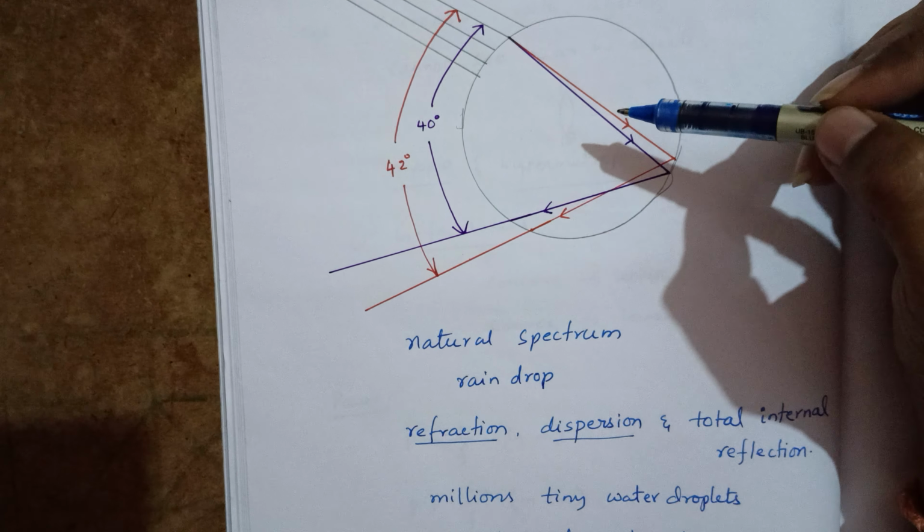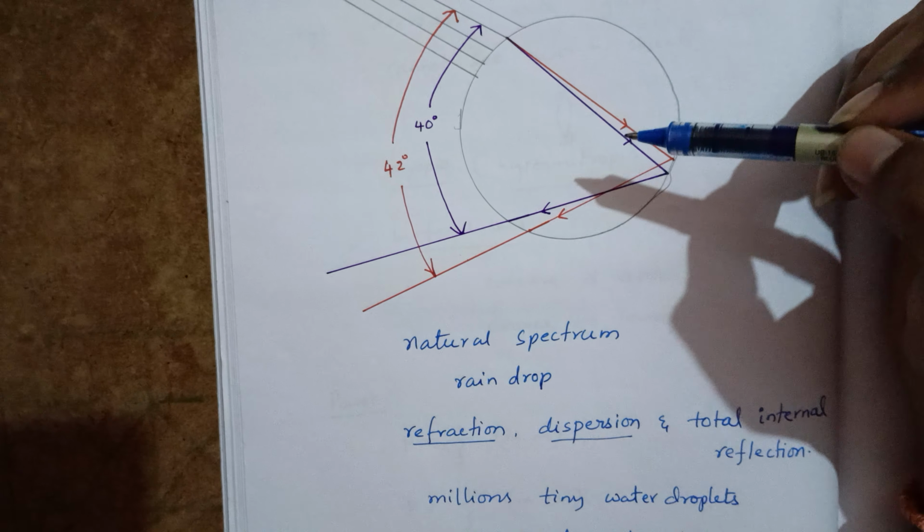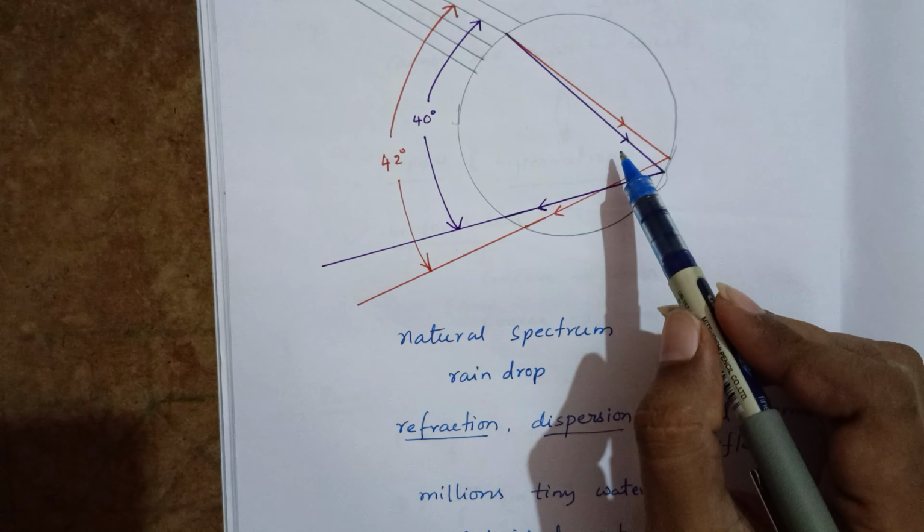Red deviates least and violet deviates more.